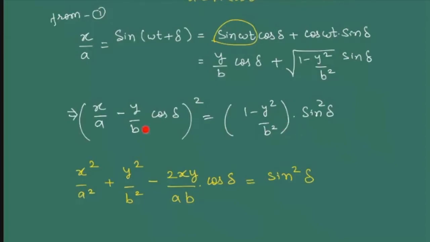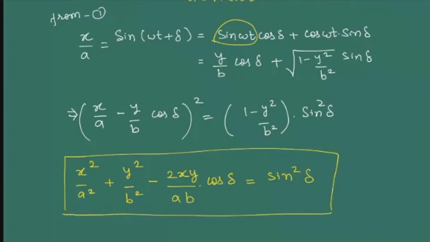So when you bring both things together and take y square by b square common, sine square delta plus cos square delta will become 1. So this is our master equation.